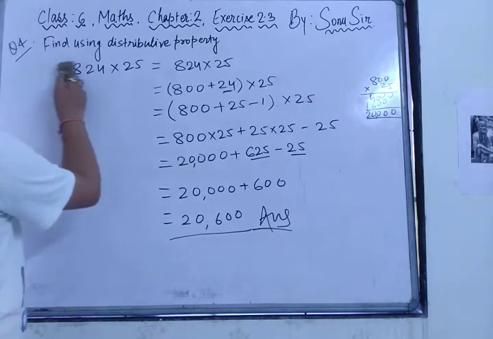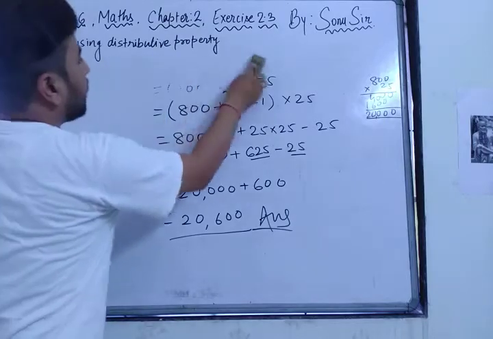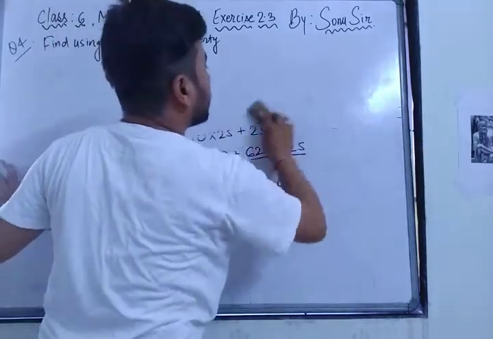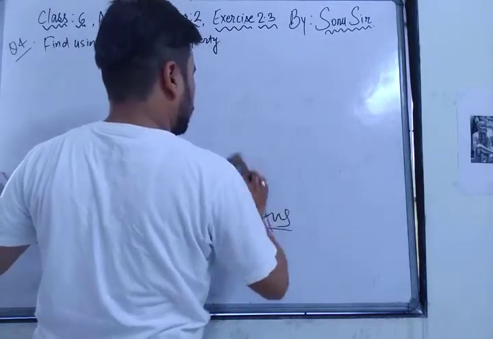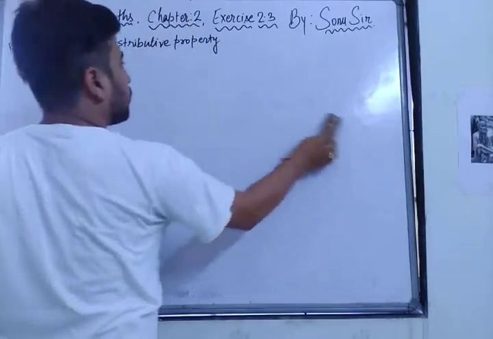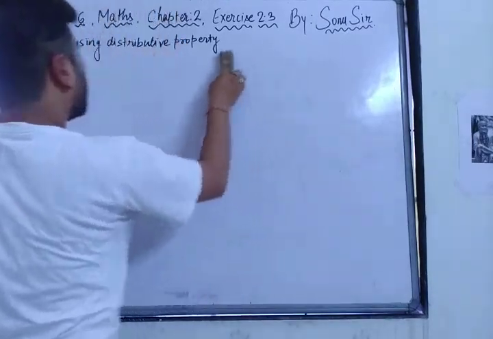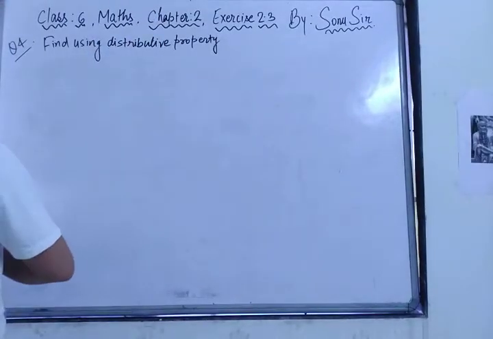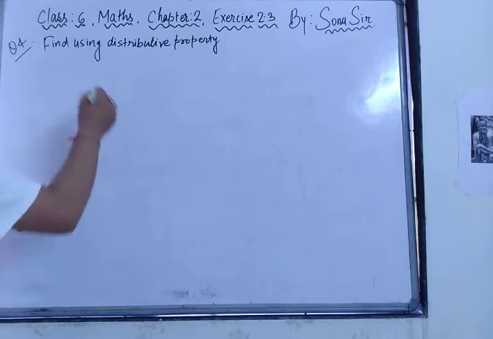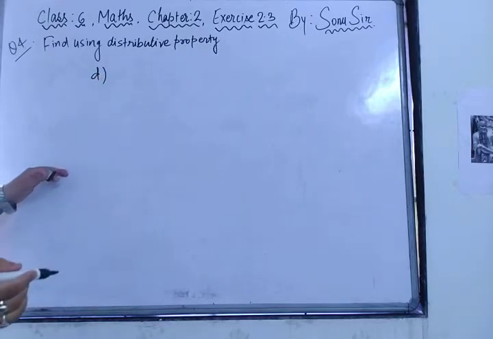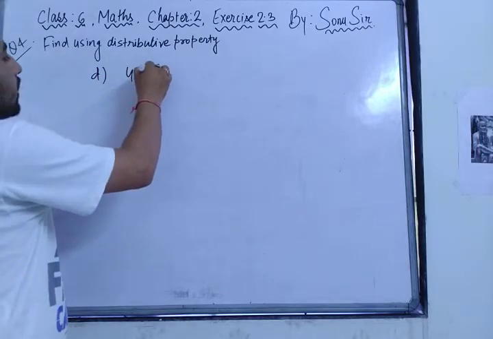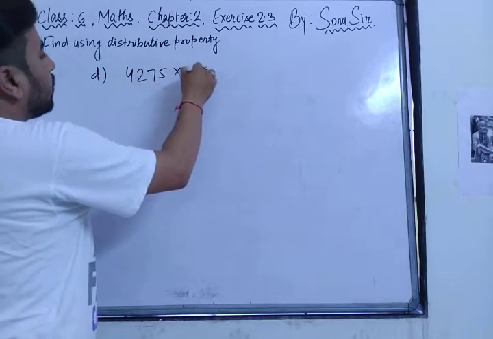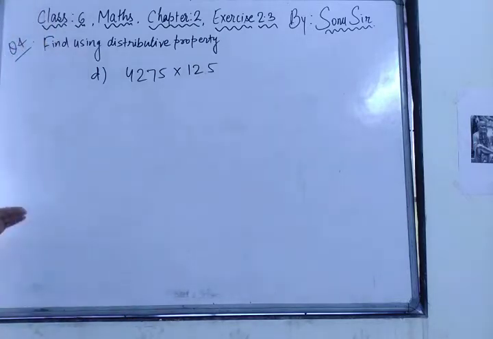So just see question number D. Question number D is 4275 into 125. Now tell me what to do here.